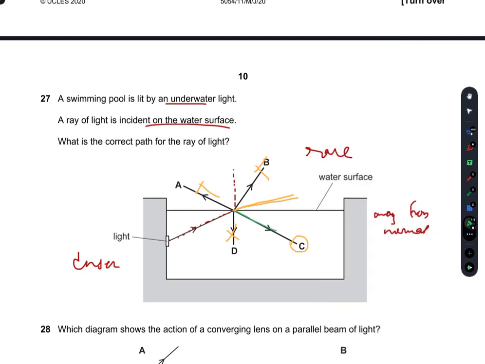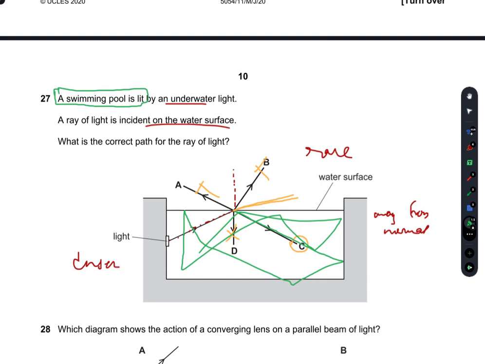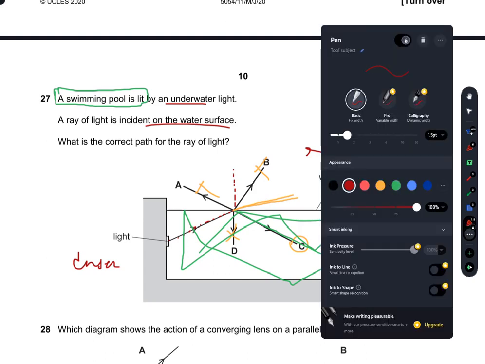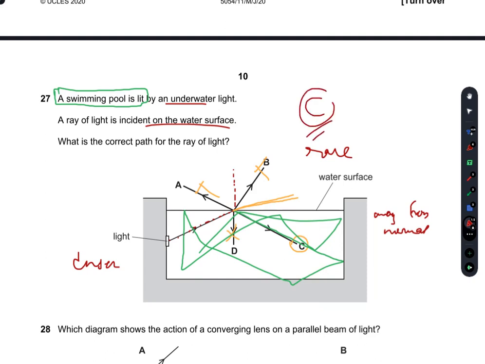Because the light would reflect like this, and then it would reflect like this, and again it would start to deflect, and that is why the swimming pool is lit by the underwater light. So this is one of the main reasons why this swimming pool is lit, which means C is the right option.